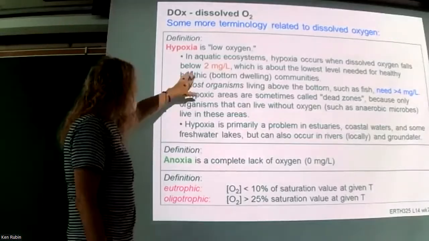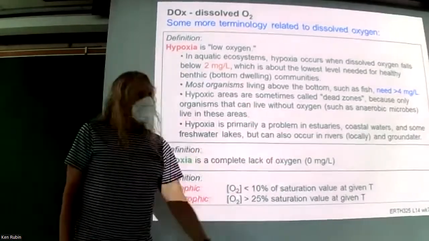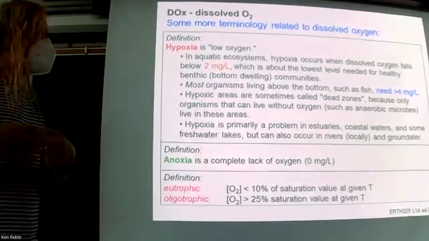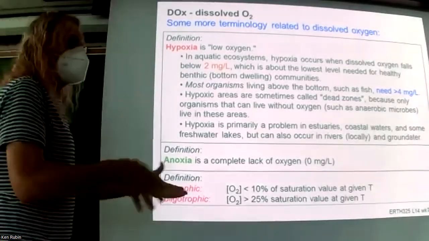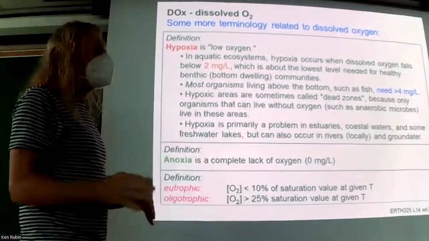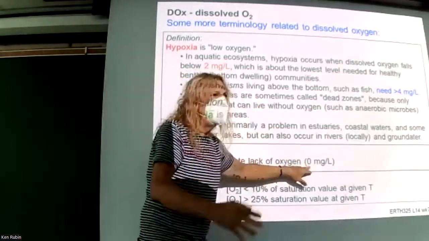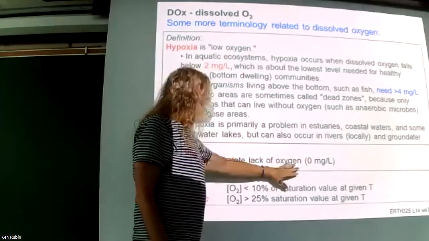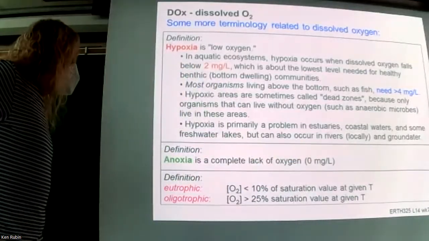Anoxia is the complete lack of oxygen, 0. And we all know that, because of the log scale and everything else, we can have 0.1, we can have 0.001, whatever value of milligrams per liter. It never goes to true 0. But as soon as it drops into the decimal places, below 0.5, we call it anoxia. And of course, this is worse.